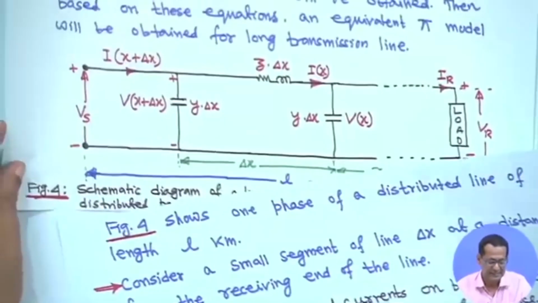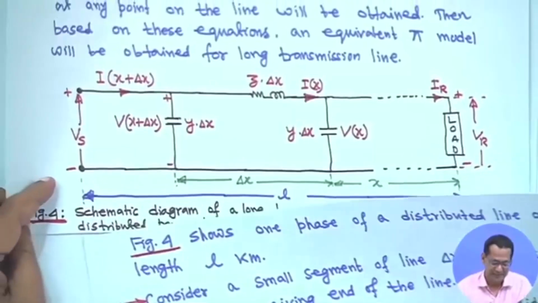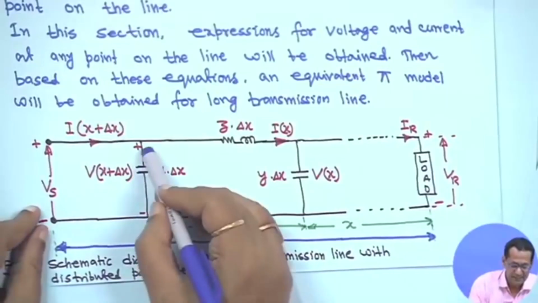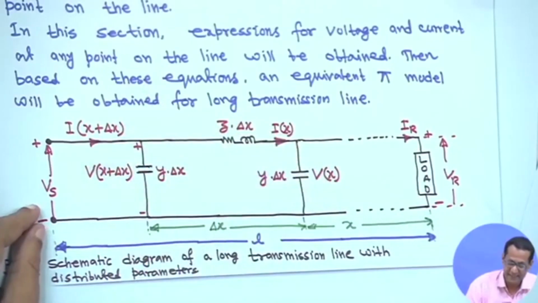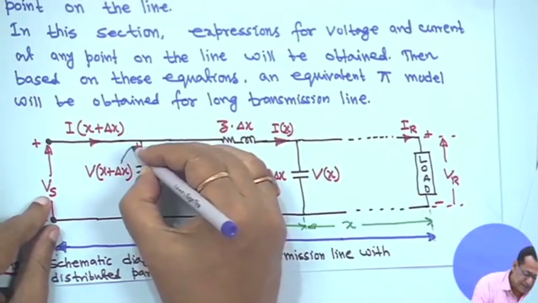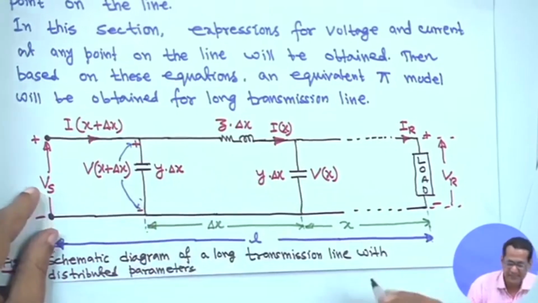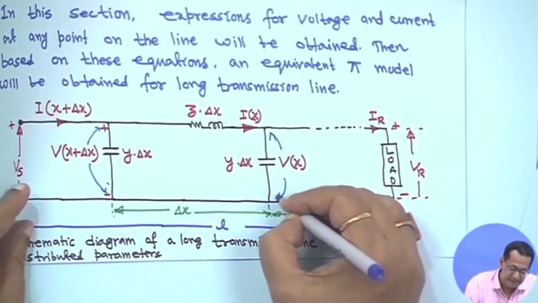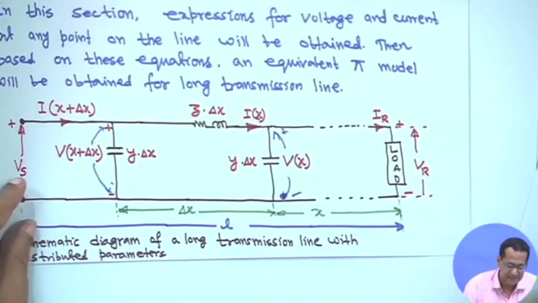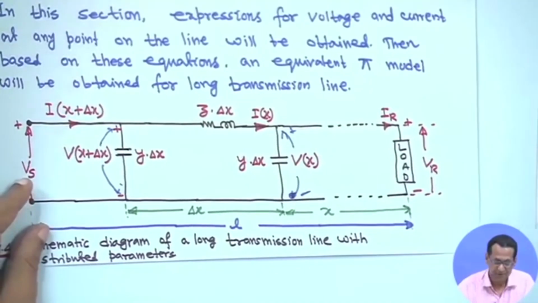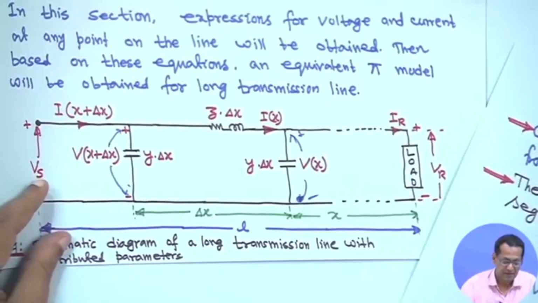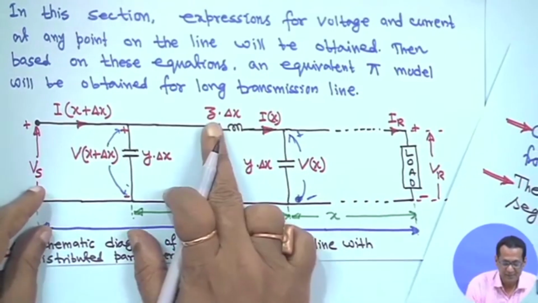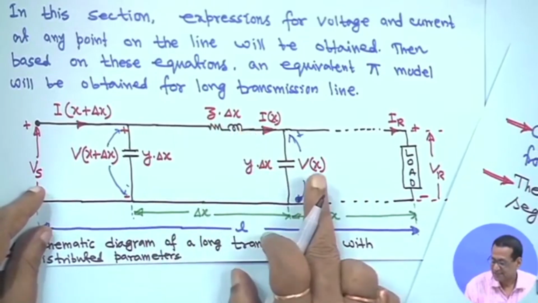Now, in this case you apply KVL. If you apply KVL, then this voltage is V x plus delta x, and this is V x. So V x plus delta x will be small z into delta x into I x plus V x.